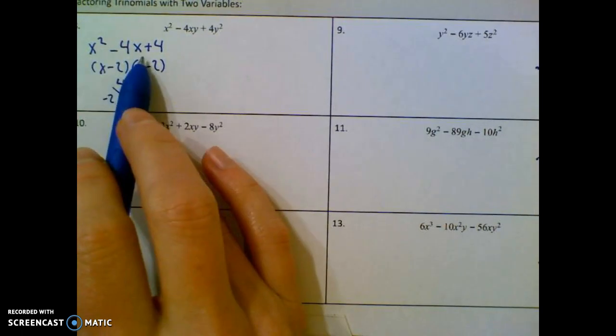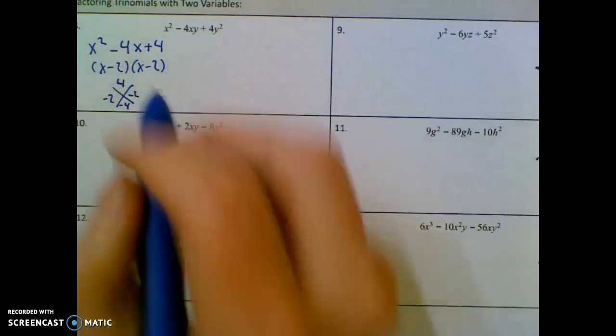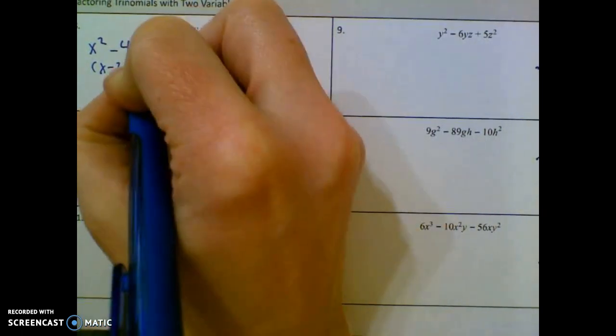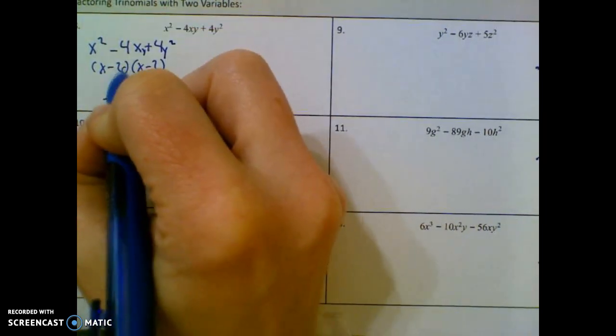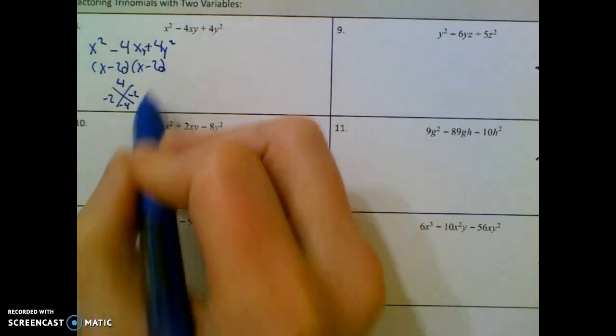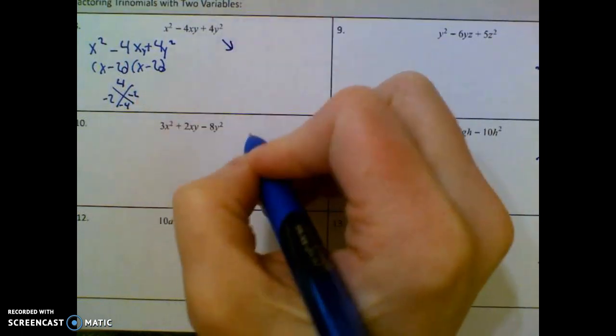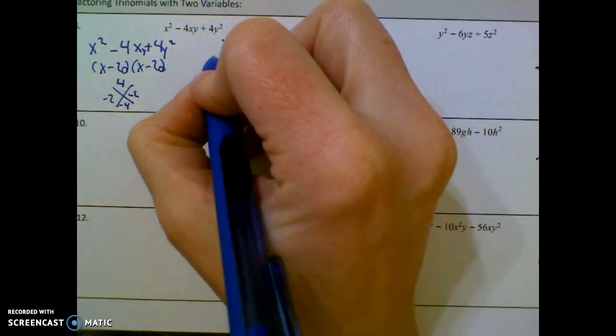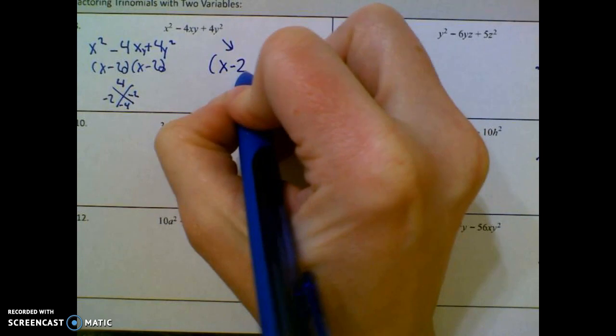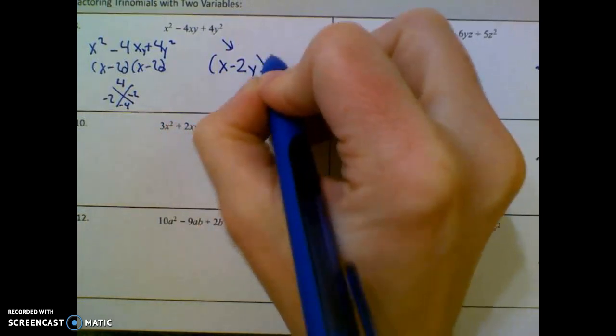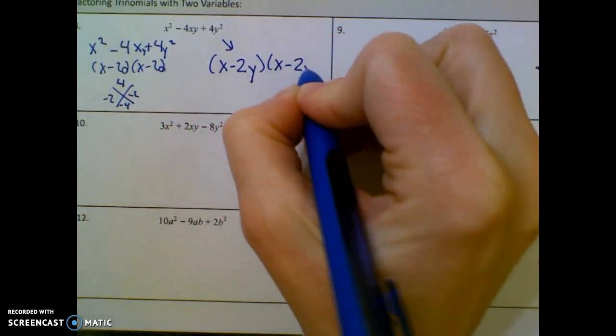But anyway, this is the exact same question, except I've tagged on a y squared here and a y there, which just means I need to add a y to that second term. So I'm going to write x minus 2y and x minus 2y.